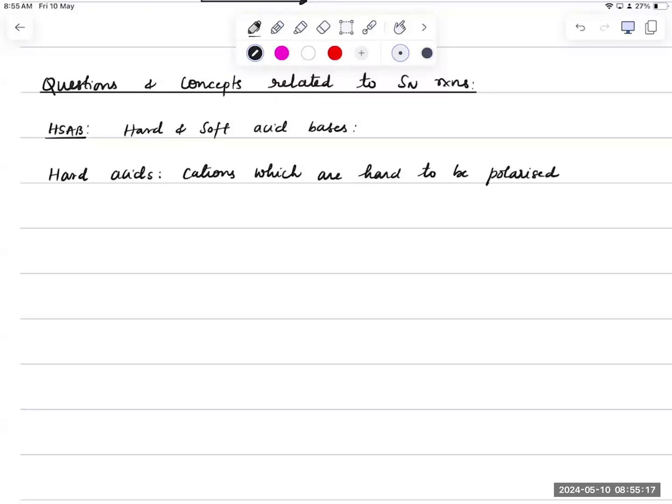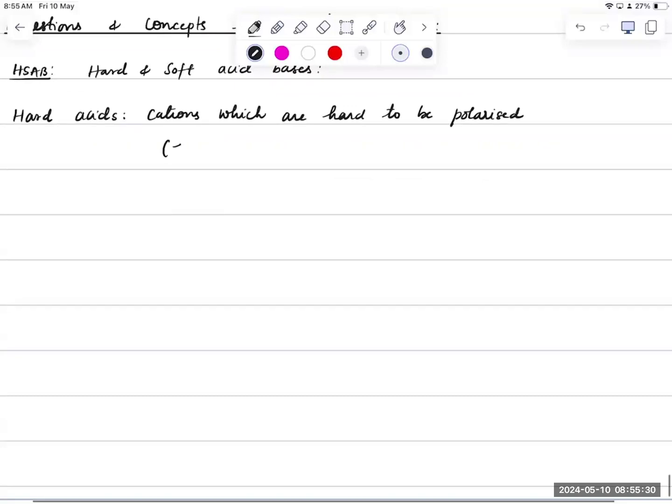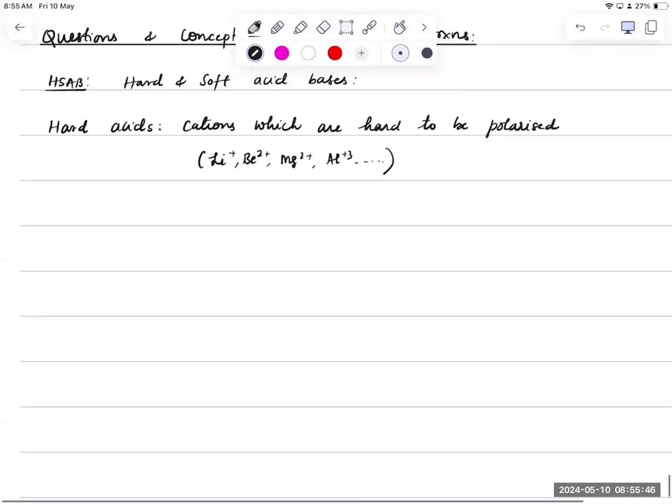Polarize means I cannot pull their charge or make their charge spread across. So they are extremely concentrated. So cases like lithium plus, beryllium 2 plus, magnesium 2 plus, aluminum 3 plus, like this. These are all hard acids. Correct? These are called hard acids. Remember that. Next we have soft acids.